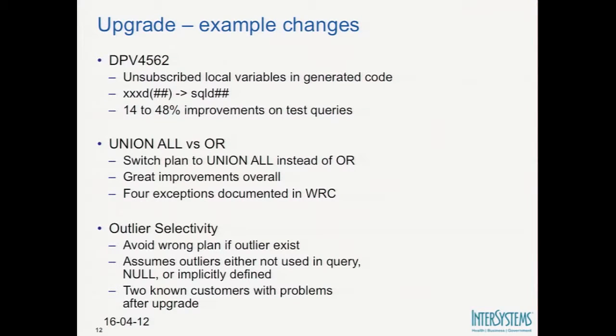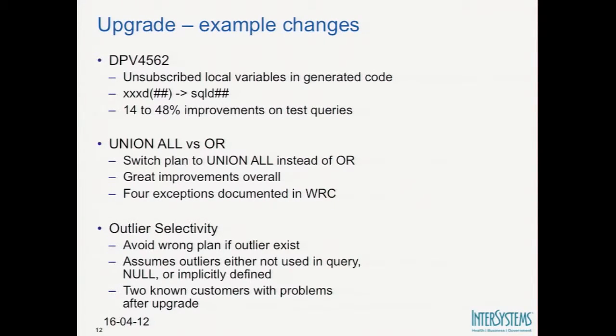There are a couple of other examples. Recently, if we see an OR condition in your query, we change it to union all underneath and execute the plan for union all, and that usually gives us a lot of benefits in terms of execution speed. We can generate a more optimal plan, we can use parallelization, and so on.